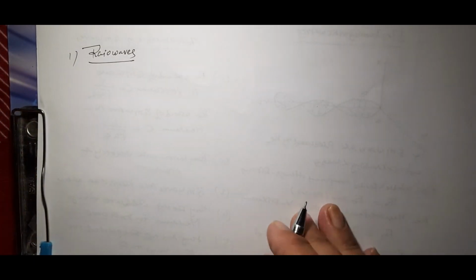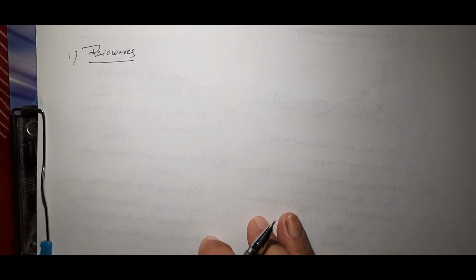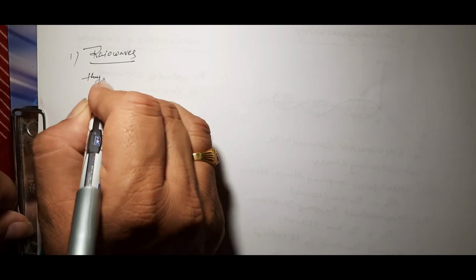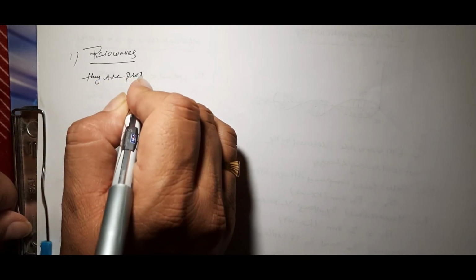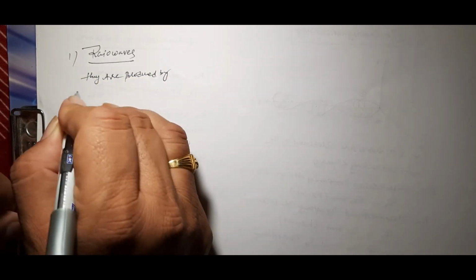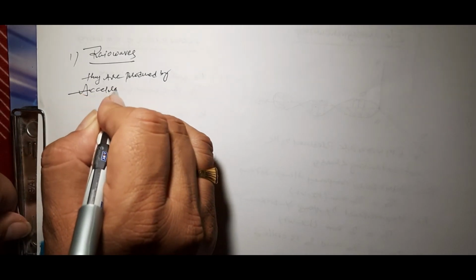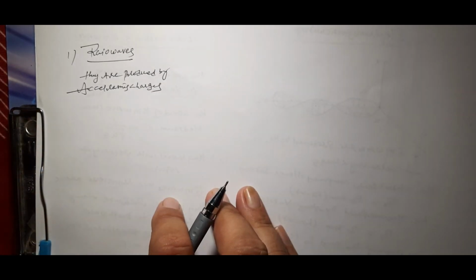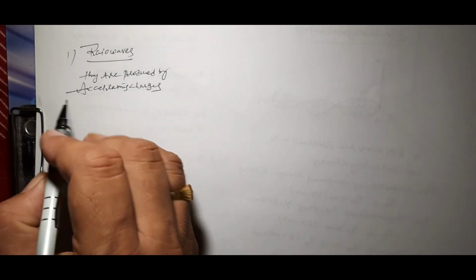Radio waves have high wavelength, and they are produced by accelerating charges. They are used in radio and TV communication systems, and cell phones use radio waves to transmit voice communication in the UHF band.